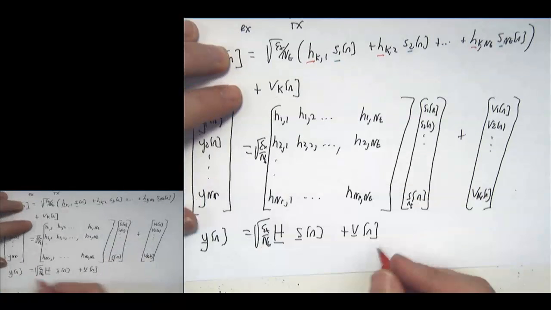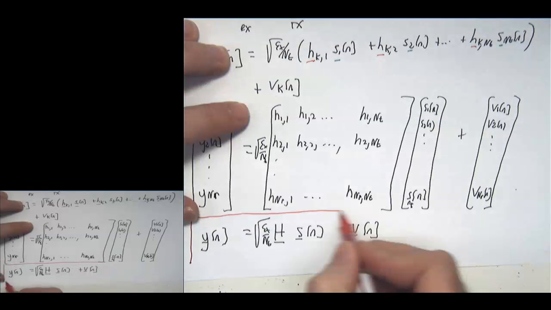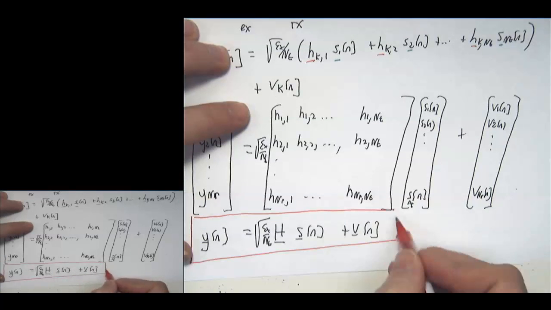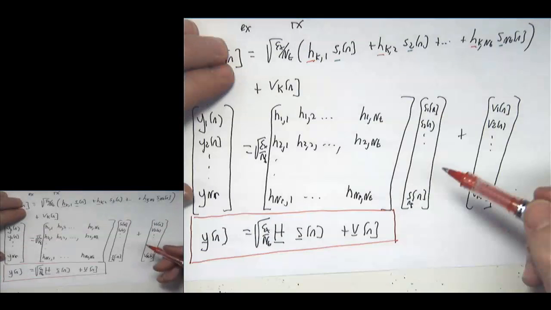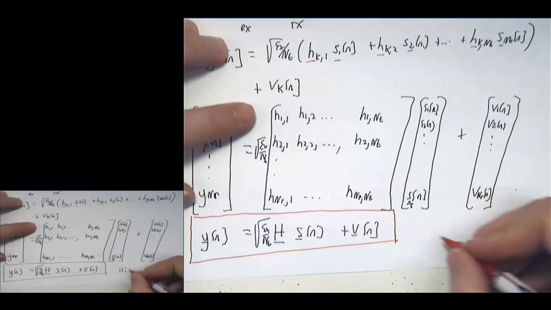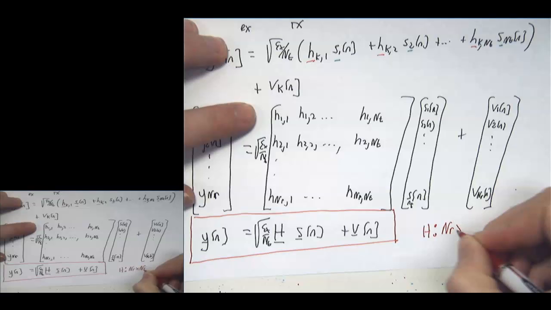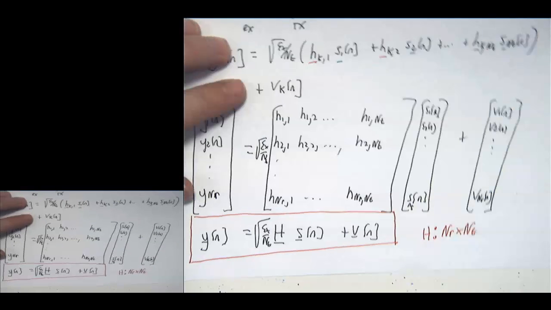So this whole thing here is the canonical MIMO input-output equation. There are multiple inputs, which are the symbols, and multiple outputs, which are the y's. And this H matrix is an NR by NT matrix.